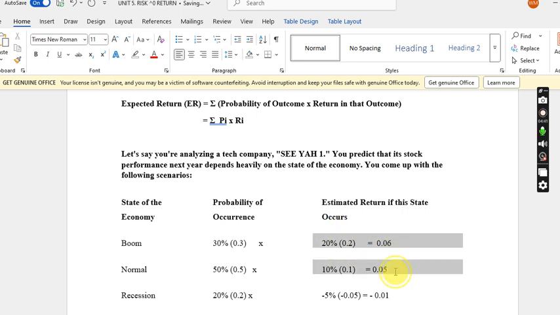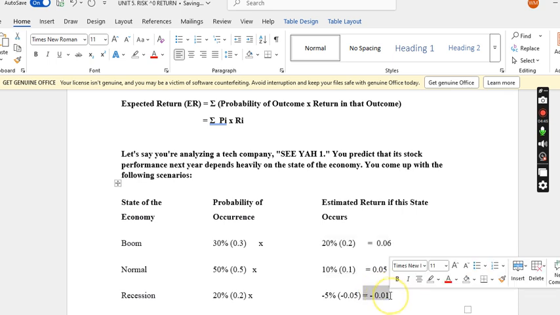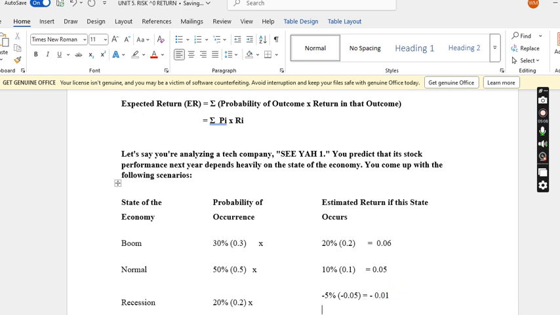To calculate our expected return, we add these: 0.06 plus 0.05 plus negative 0.01. What do we get? 0.1, which represents a 10% return.